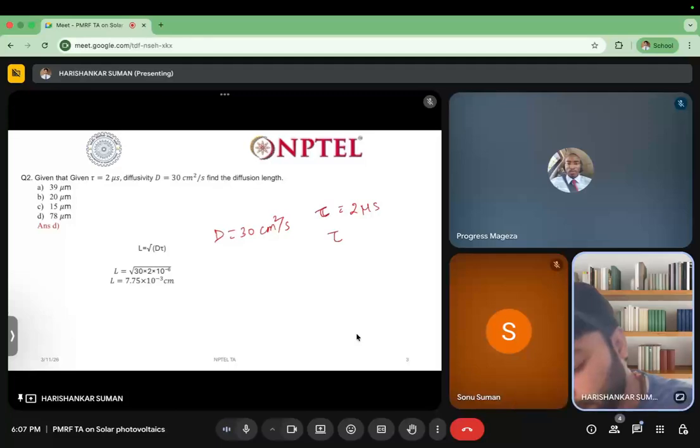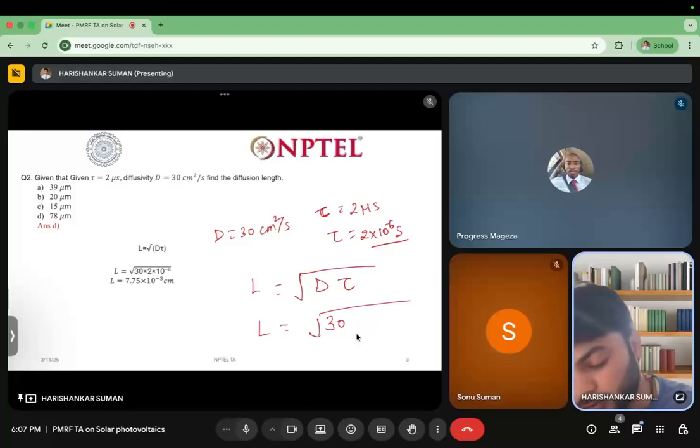So first you have to convert this micro, 10 to the power minus 6, into second. Now put in diffusion length, under root of diffusivity with tau. Diffusivity is 30, which is centimeter square per second, and tau is in second, so your length will be in centimeter.